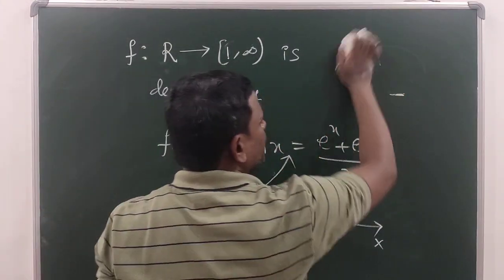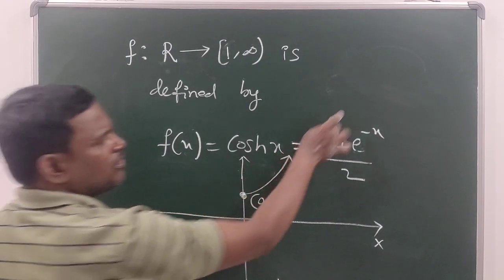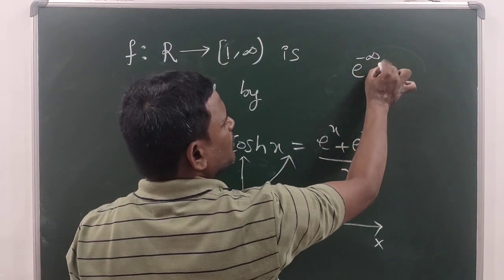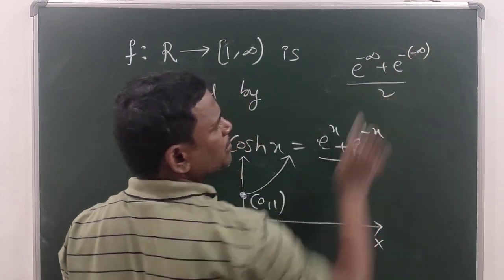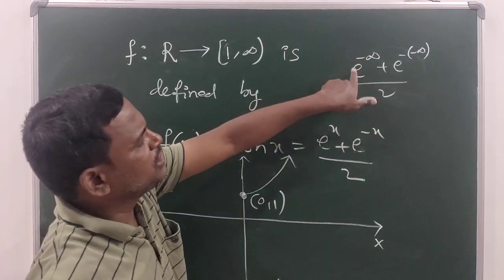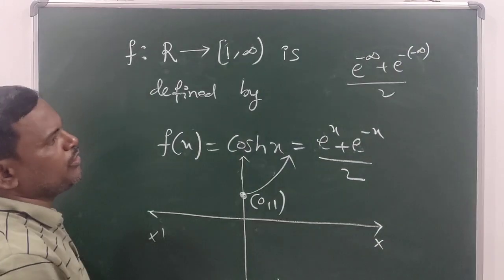Similarly, assign negative x values on the left side. If you keep on moving left, you reach negative infinity. So here, negative infinity plus negative of negative infinity by 2. This becomes positive, and this becomes 0.